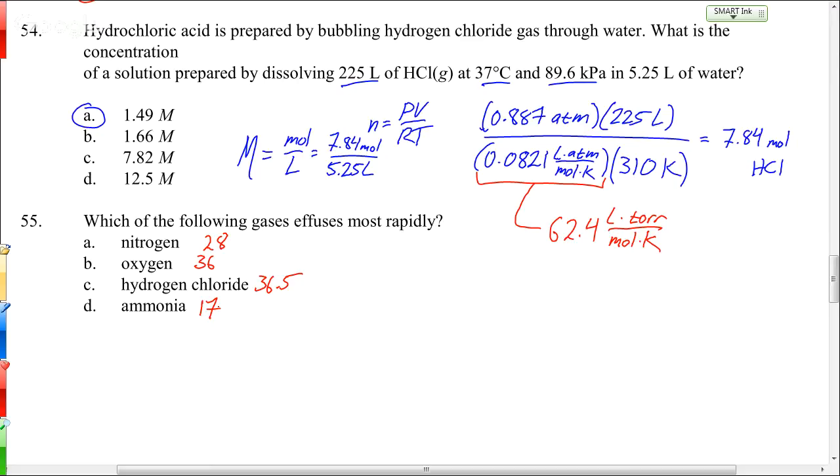So ammonia is actually the fastest effuser because it has the lowest molar mass. Sorry, I didn't even see that one in there, so I was thinking about it. So we would go ammonia, nitrogen, oxygen, and then HCl. All right.